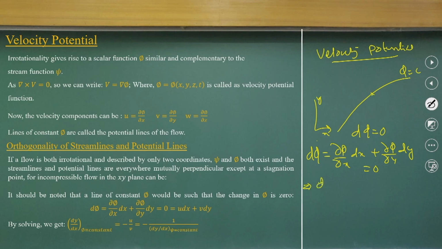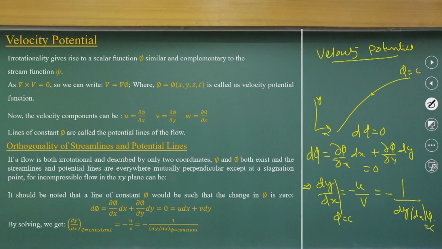If I just rearrange it, I will get dy by dx equal to minus u by v. This is for phi equal to constant. If you look at the definition of the stream function, we get just the reverse, v by u, dy by dx of the stream function being a constant.